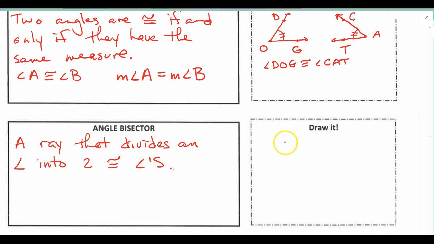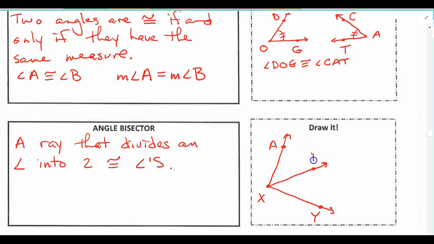So let's take a look at a picture here. I have a large angle here. Let's call it angle AXY. Now, if I want to bisect it, I have to use another ray that starts at X, and it's going to come out here somewhere. So I'm going to draw in a ray. We'll put another letter there.